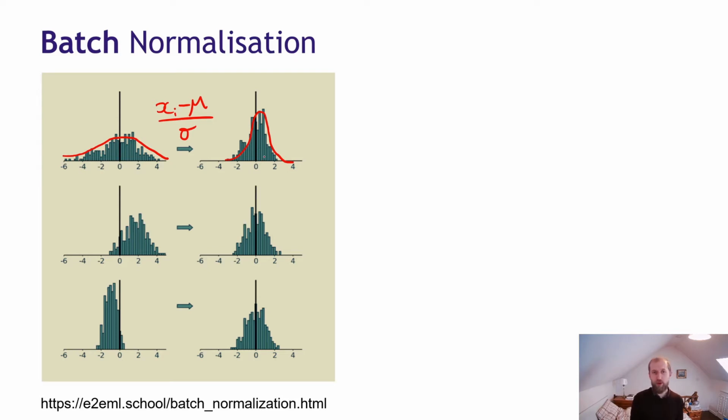But then when we put this into the next layer, let's say that it shifts to the right. And again, we've got a problem here. So we just do this exact same normalization again. Instead of having this skewed curve to the right, we can again center the curve around the mean.